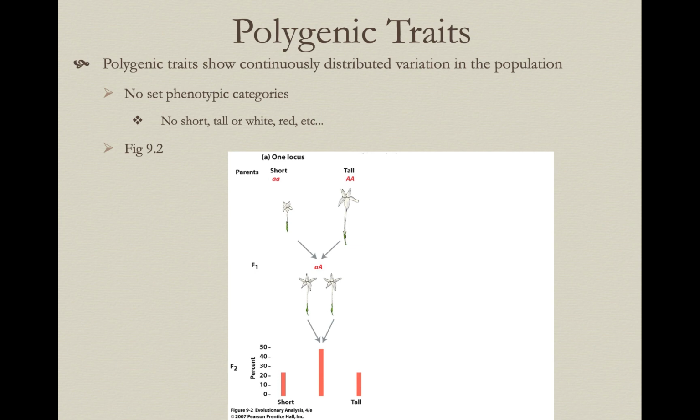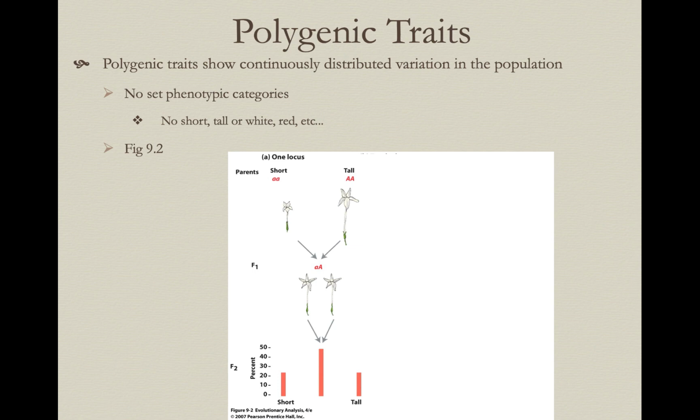So let's give you an example and show you why the more gene loci you have, the more you're going to approach a normal curve or a bell-shaped curve with regard to the phenotypic variation in a trait. Let's say that you have just one locus, a real simple example, and we're going to use the example here giving incomplete dominance. So you mate a short individual and a tall individual.